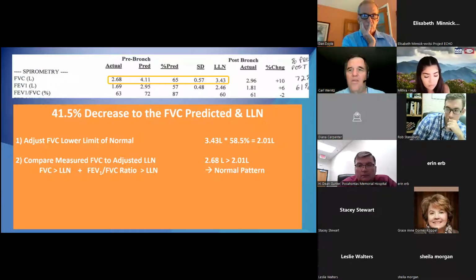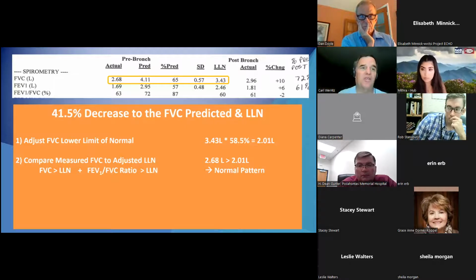And then when you compare, he would have a normal pattern because he's well over 2.01 liters. That's the way I like to do it. You can do it the other way around where you adjust their numbers, but I think this is easier. I've never changed their number. I just changed what I'm comparing it to, which I think is, at least for me, intellectually cleaner.